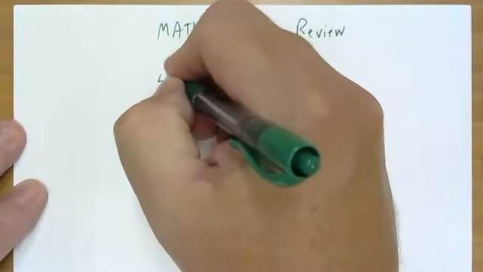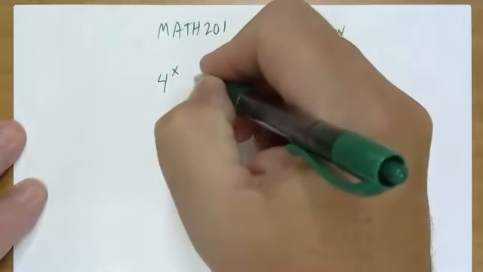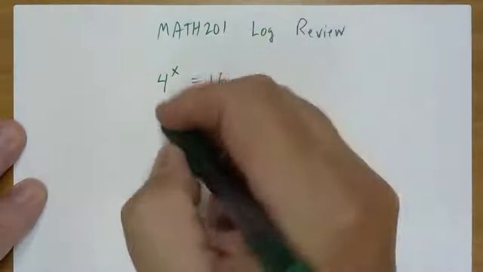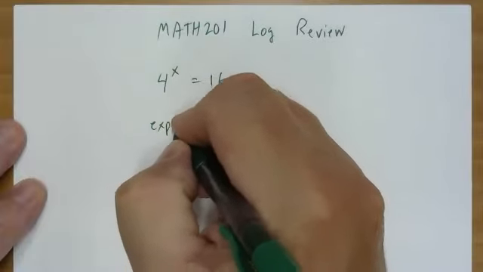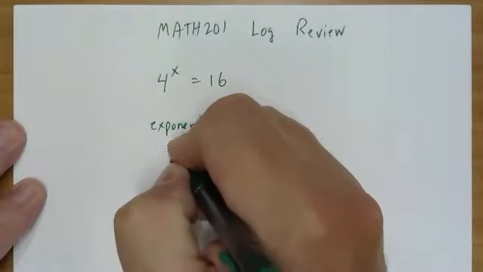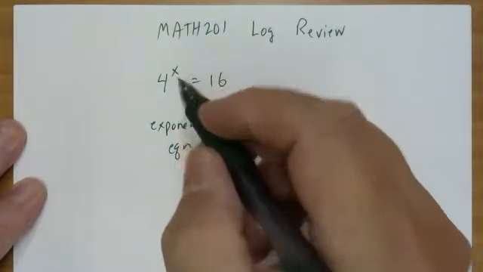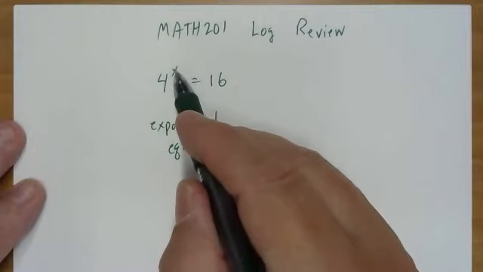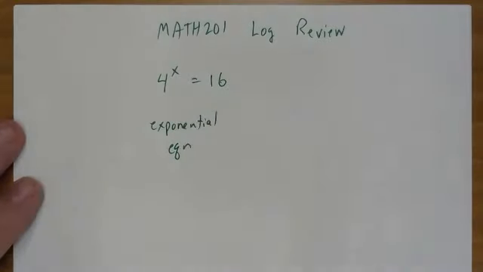Let me first do just a high-level brief introduction. This right here in algebra was called an exponential equation. The key being, the variable x is up as an exponent. So we call those exponential equations.